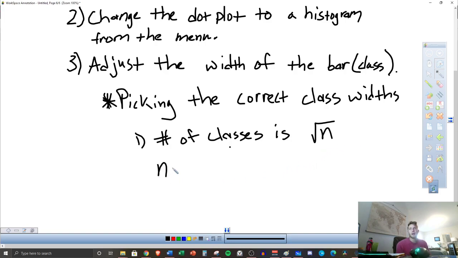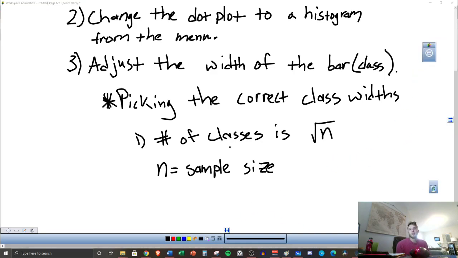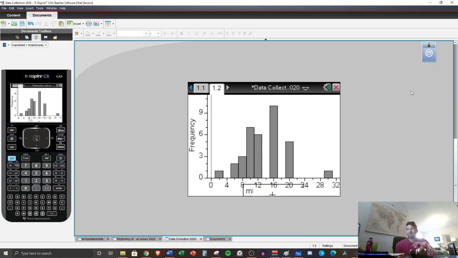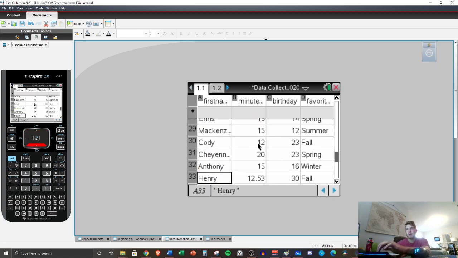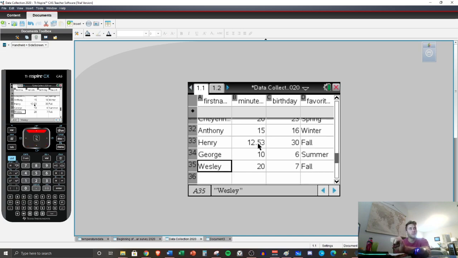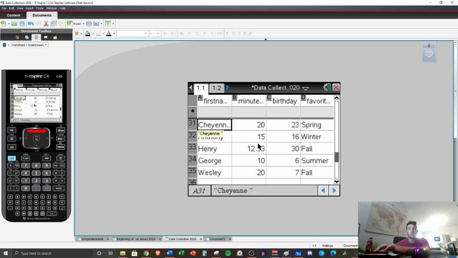Well, n we've talked about briefly. N is the sample size. Well, what is our sample size? Let's go over here. If we can't tell from this, we go back here and we're just counting how many students are there. So Elijah, Hannah, Madison, we can go all the way down and we see that 35 students have filled this in.